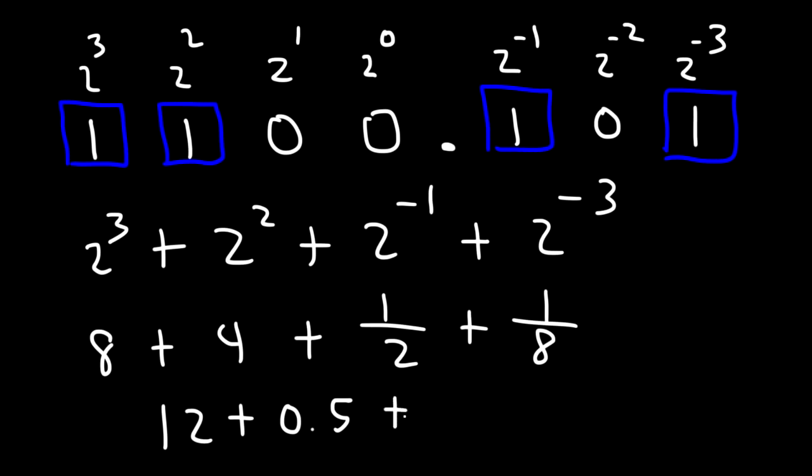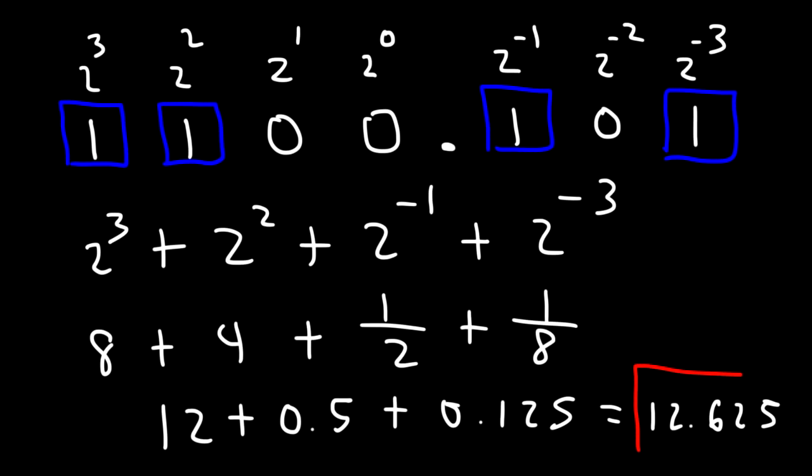And 1 divided by 8 is 0.125. So adding up these three numbers will give us this answer, 12.625. And so that's how we can convert a fractional binary number into a decimal number.